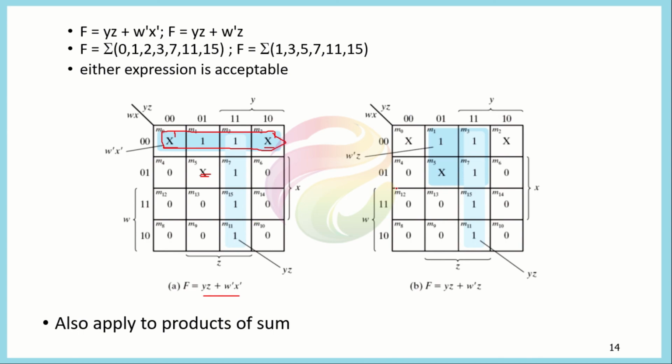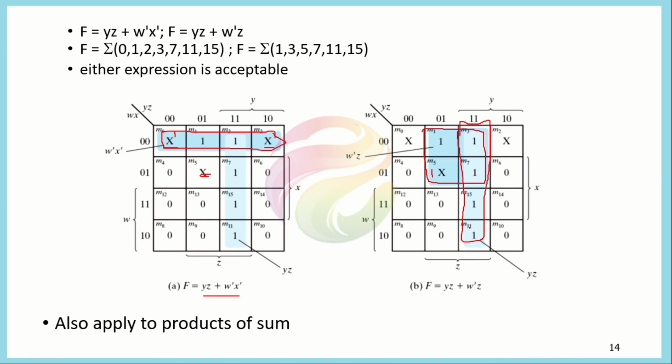And another possibility is that instead of using this don't care term, we utilize this don't care term, which we have ignored in the last part. Say we put a 1 here, then what we can do is add a square of adjacent ones like this one here, and also the same one here too.